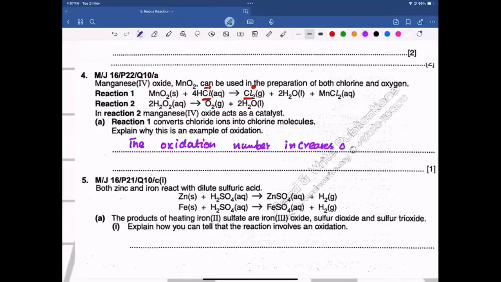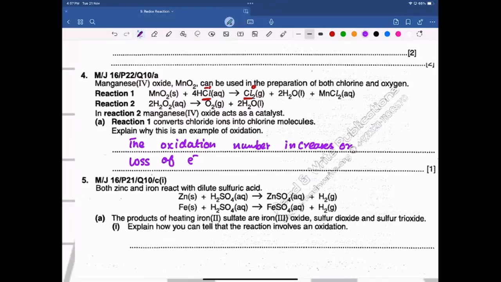Or instead, you can write loss of electrons. Is this clear? But we don't use loss of hydrogen. In the marking scheme, you may find loss of hydrogen because it's from June 2016, but you are not allowed to write loss of hydrogen now.